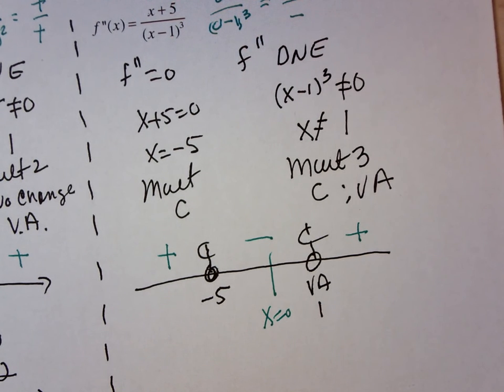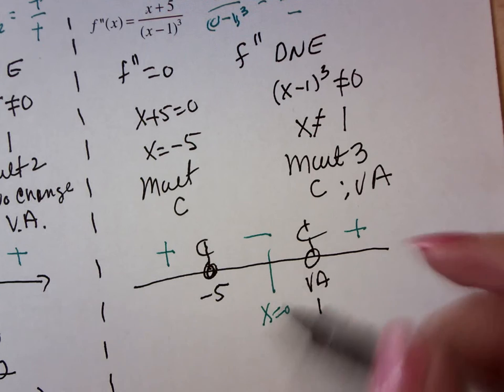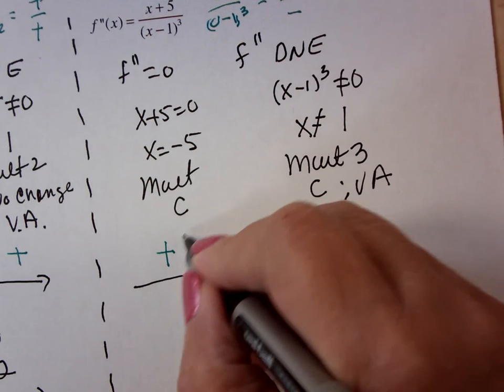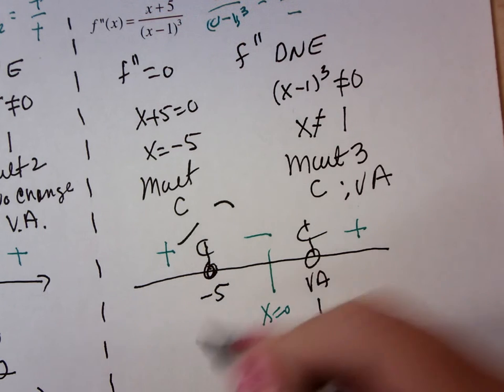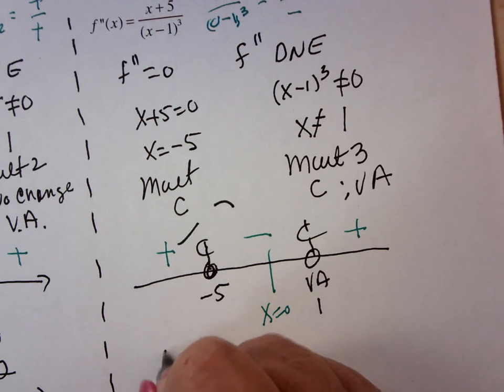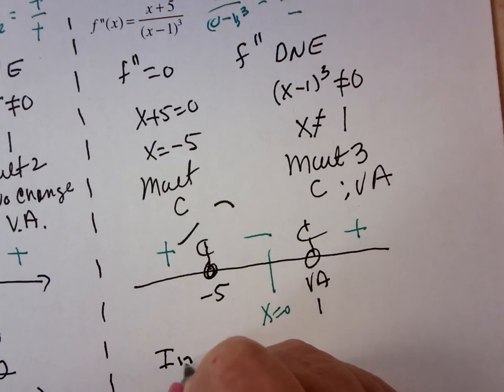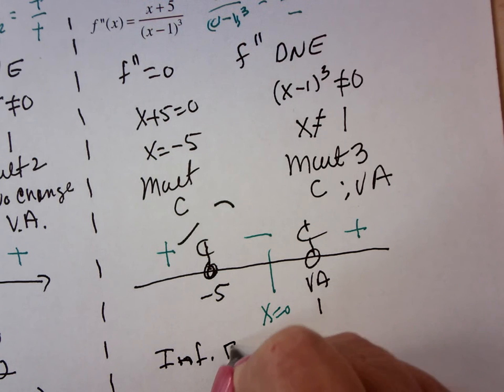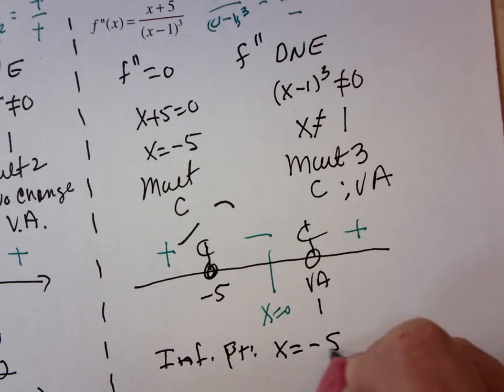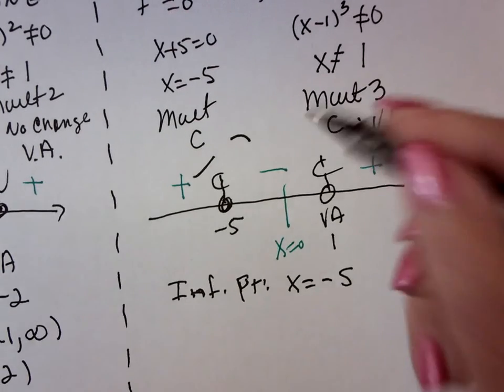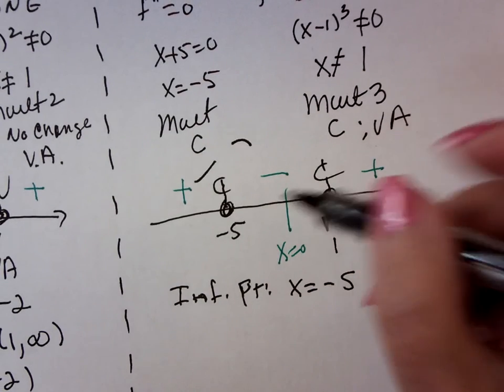Lots of points. So now, what do I know? I know this is concave up followed by concave down, right? So this is an inflection point. So I have an inflection point at x equal negative 5. And then we're looking at concave up versus concave down.